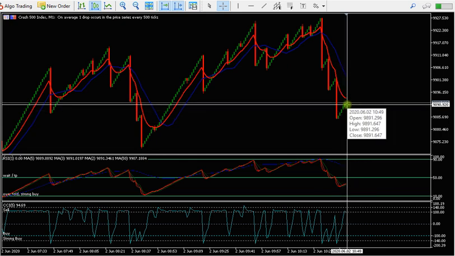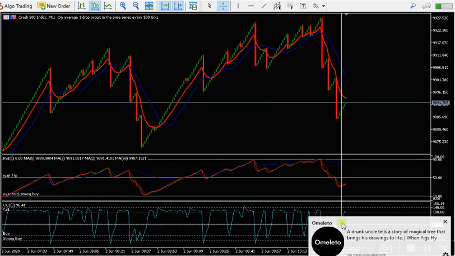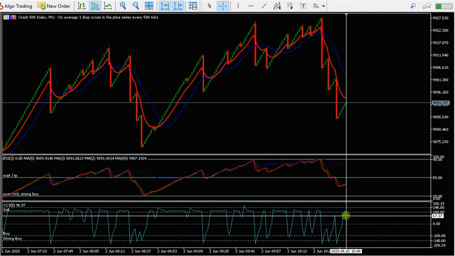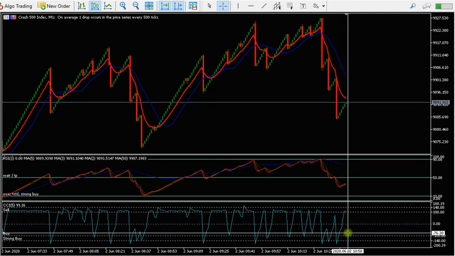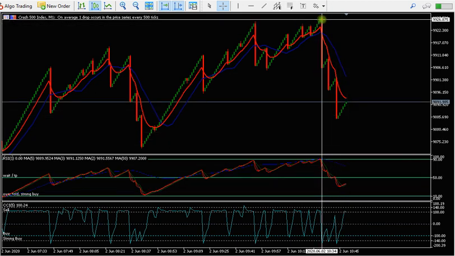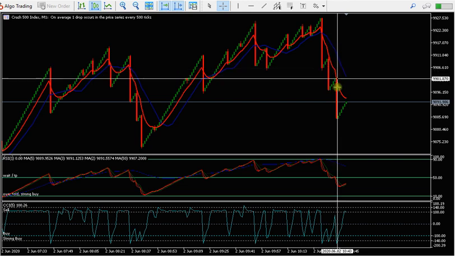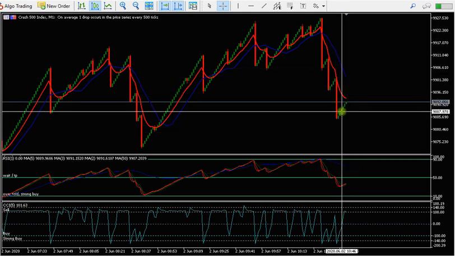If you had open trades, you can now close your open trades. But remember, the CCI here is still on the upside, so it will be going down anytime soon. So if you want, you can wait, but you would have already made profit from this spike and then this spike. So you would have made something already on this very spike.